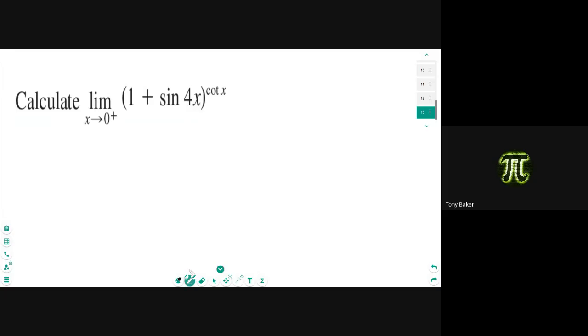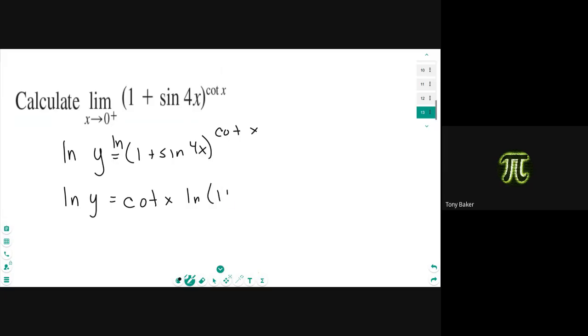So we actually end up rewriting this problem. And we're going to take the ln, because we can't take the ln of one side without offsetting it. So by having it as y equals, we can take the ln of both sides. So I have ln of y equals, and now that cotangent of x can come down. Cotangent of x times ln of 1 plus sine 4x.